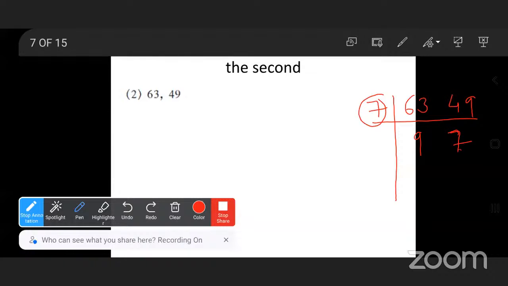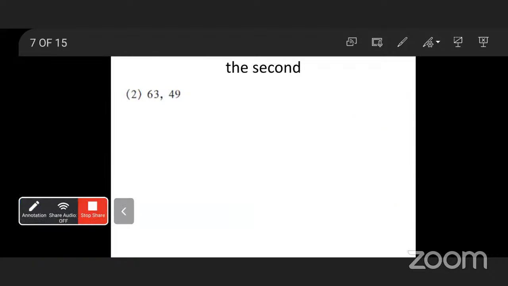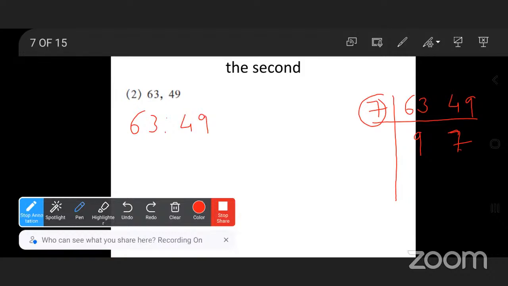Okay, so how are you going to solve this? Now you're supposed to find the ratio of the first number to the second one. So again you're going to write 63 upon 49. Then you're going to divide both the numbers by the highest common factor, that is 7.